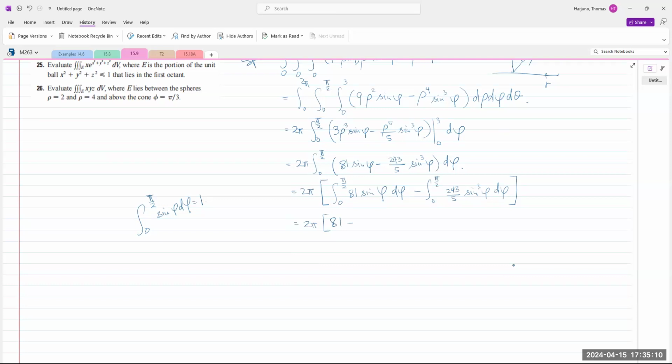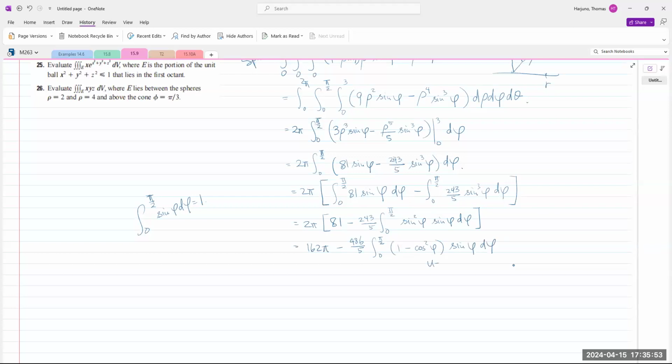How do we integrate that sine cubed thingy? 243 over 5 times the integral from 0 to pi over 2 of sine squared phi sine phi d phi. Yeah, we go back to calculus 2, huh? 1 minus cosine squared phi, sine phi d phi, right?